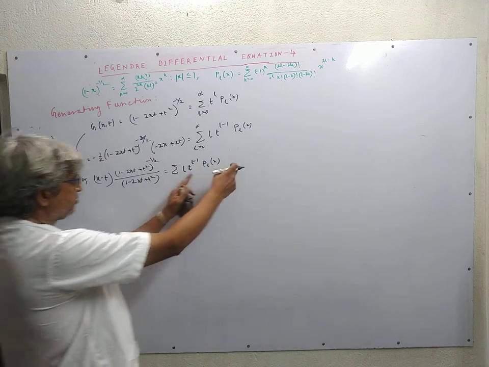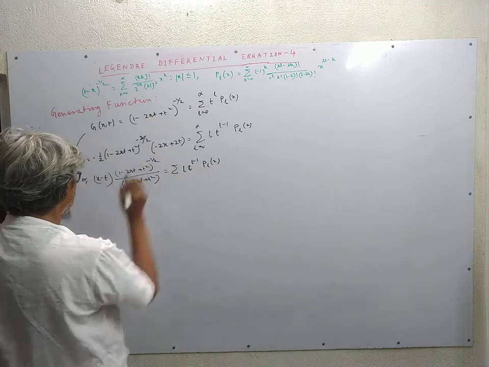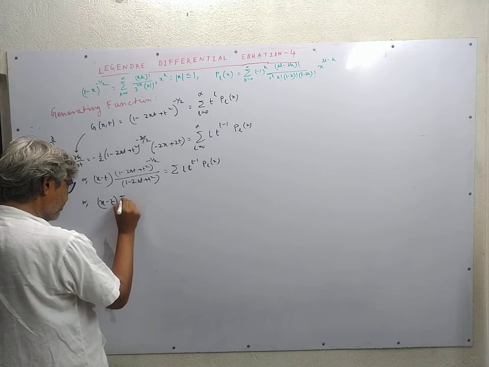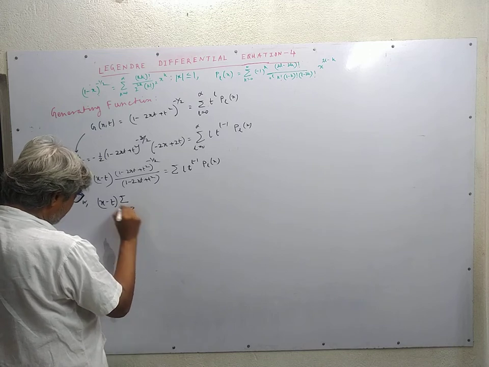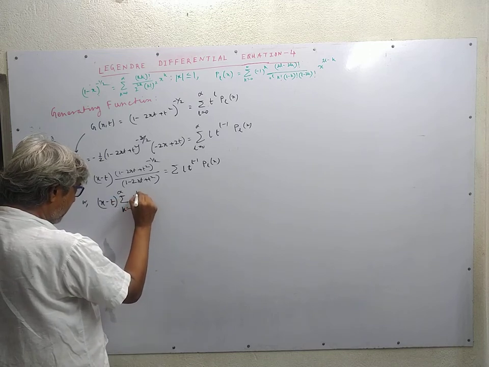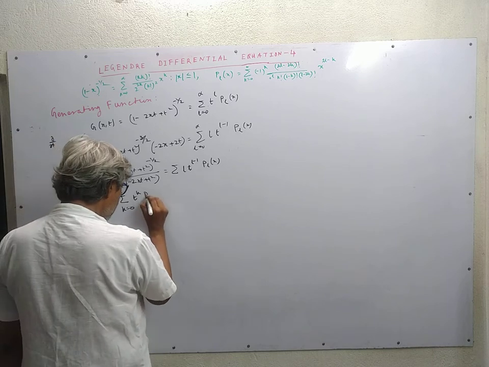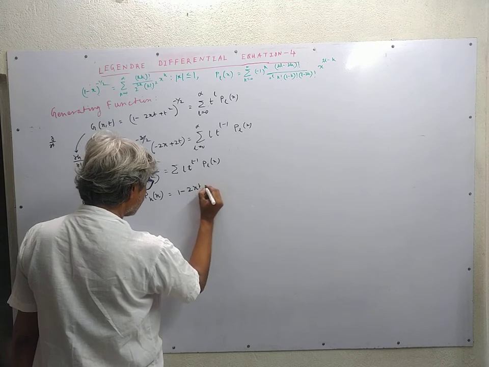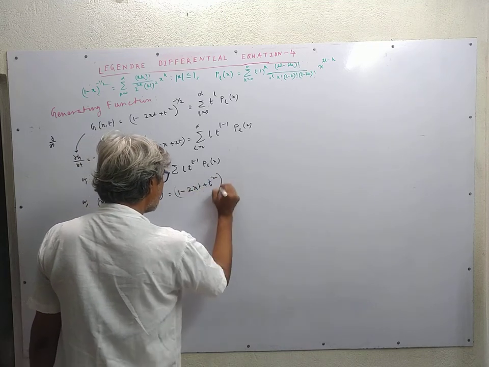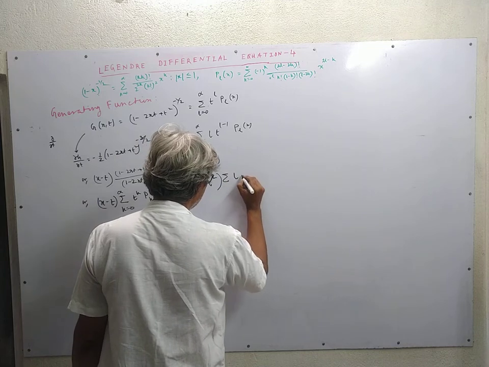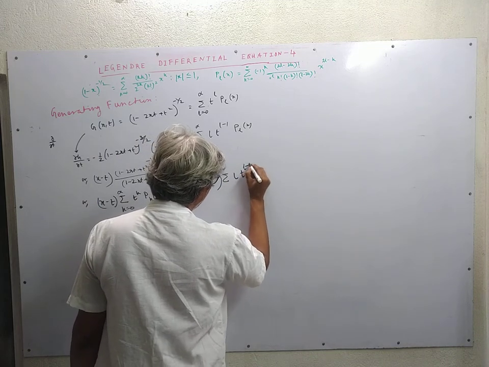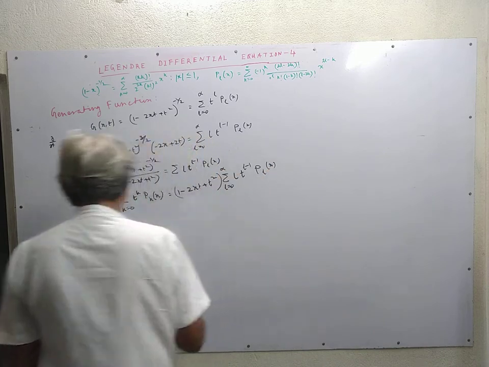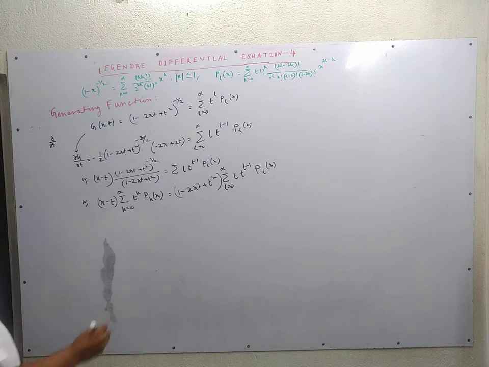Now we multiply this with this, and for this we use another generating function, or we can write x minus t summation over k is equal to 0 to infinity t to the power k pk of x is equal to 1 minus 2xt plus t square summation over L t to the power L minus 1 PL of x. This is an identity in t.